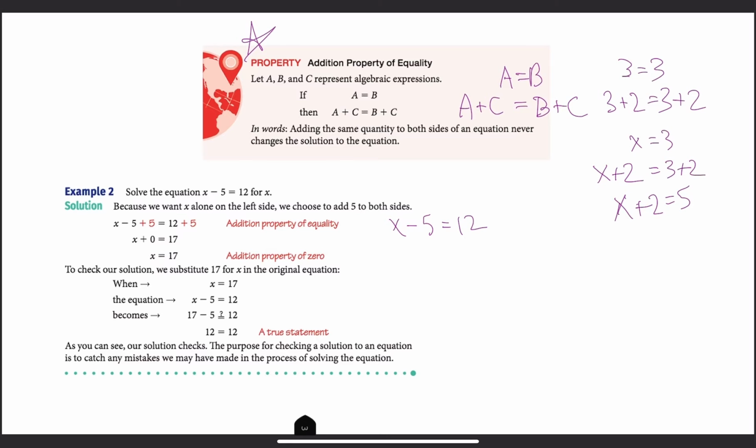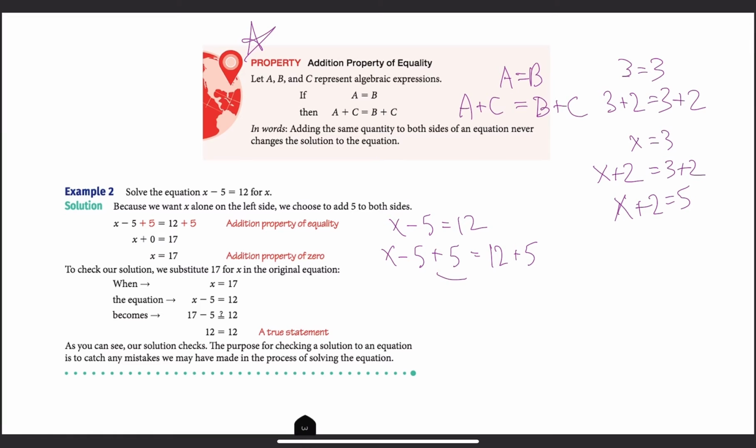And that would be very convenient for me because then I would just have my variable on the left and I wouldn't have any other numbers messing with it. And so then I could see clearly x equals some value, and then I would know what the solution could be. So what I'll do is add 5 to this side, and that means I have to add 5 to the other side as well to keep them balanced.